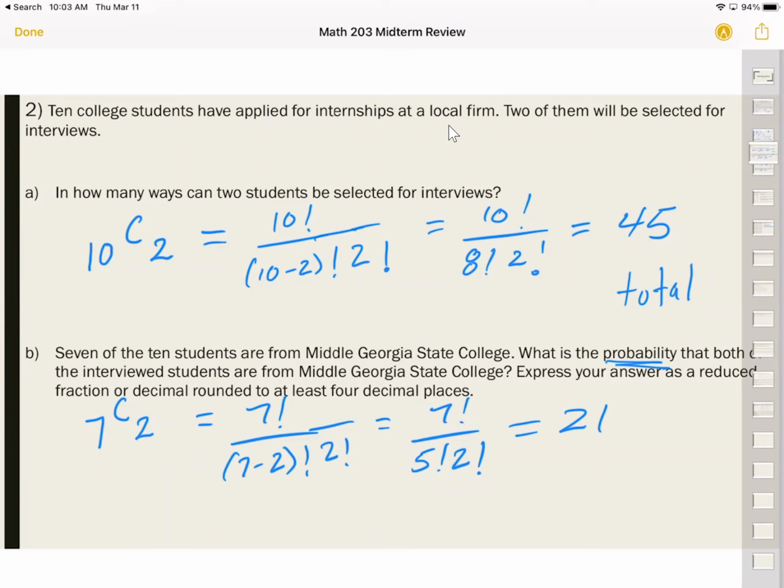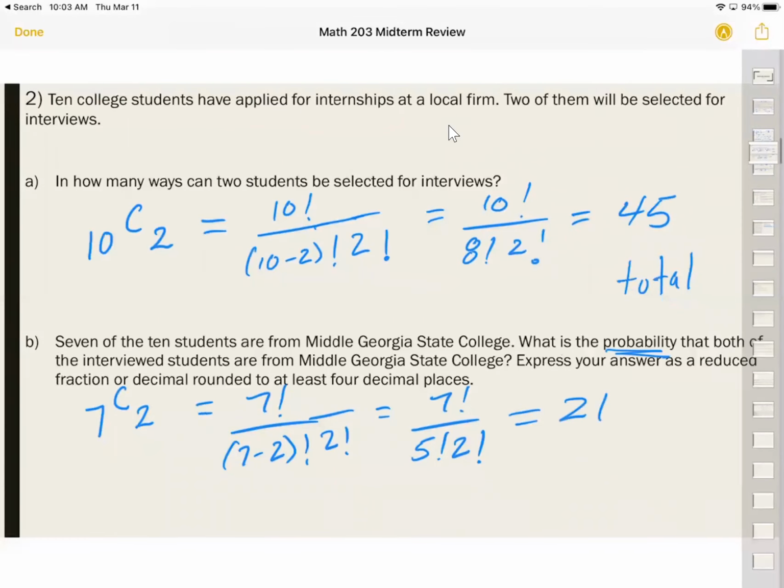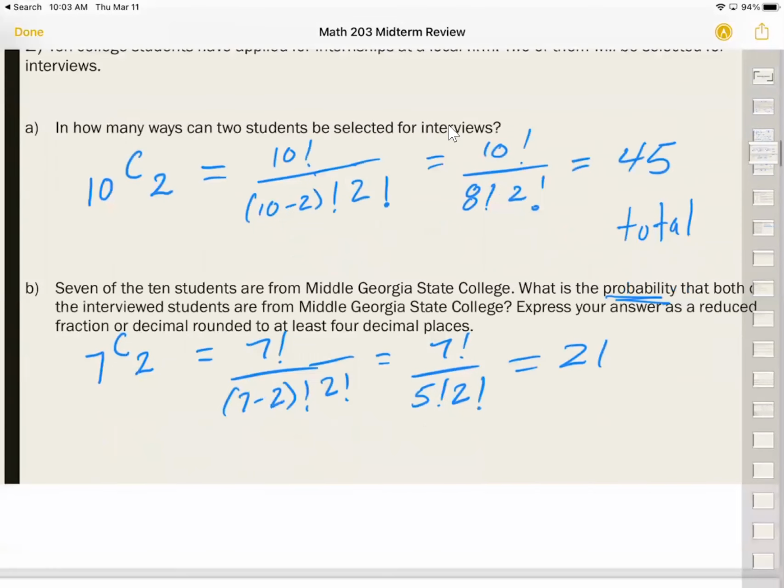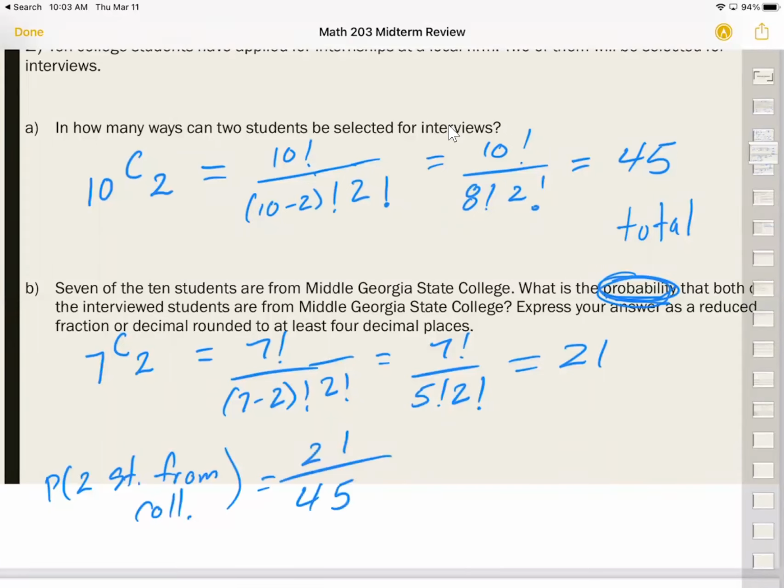And again, that's not the answer, because the question asks you for probability. So to find the probability that the 2 students are from this college, it is 21 over the total, which is 21 over 45.